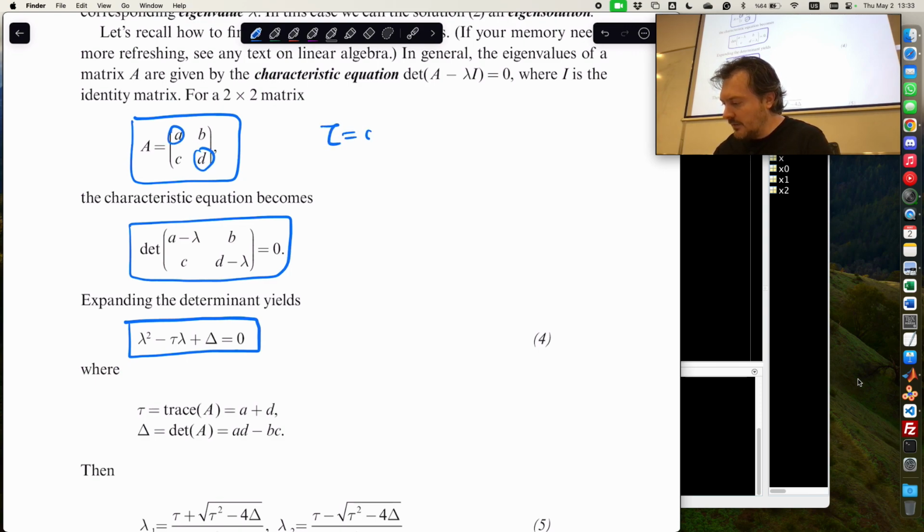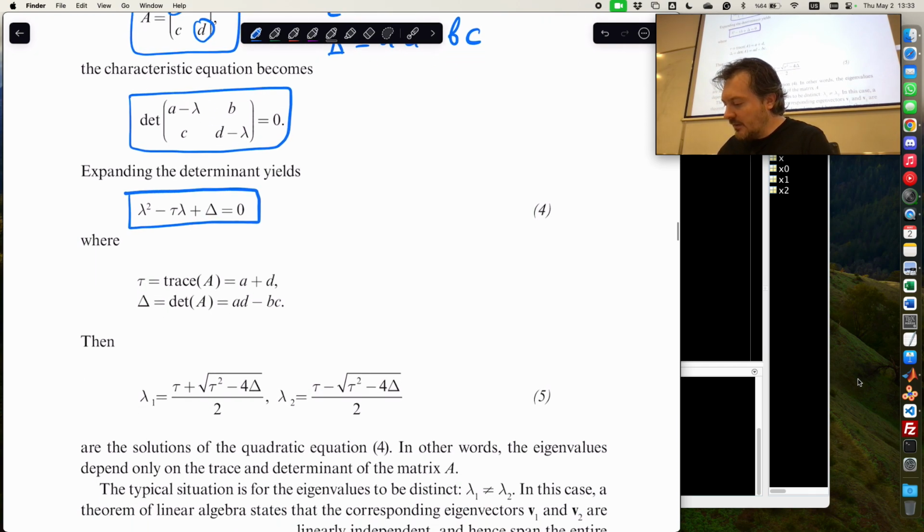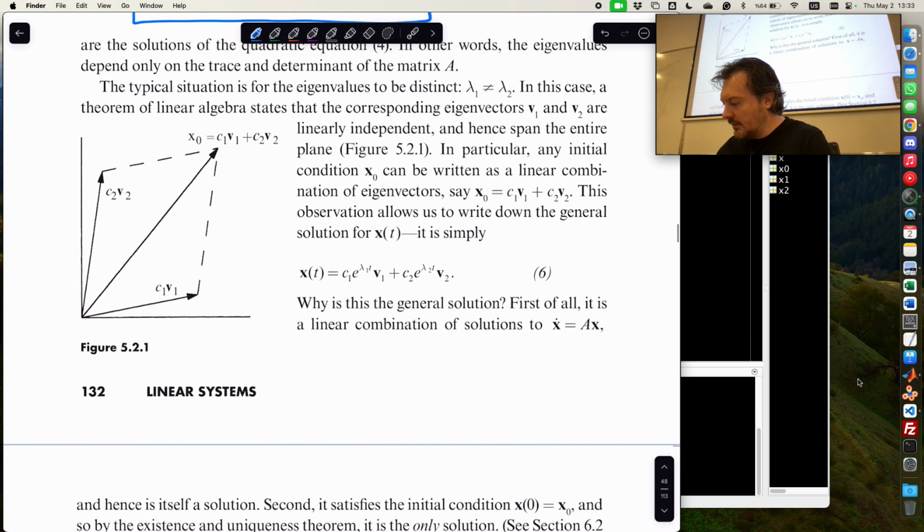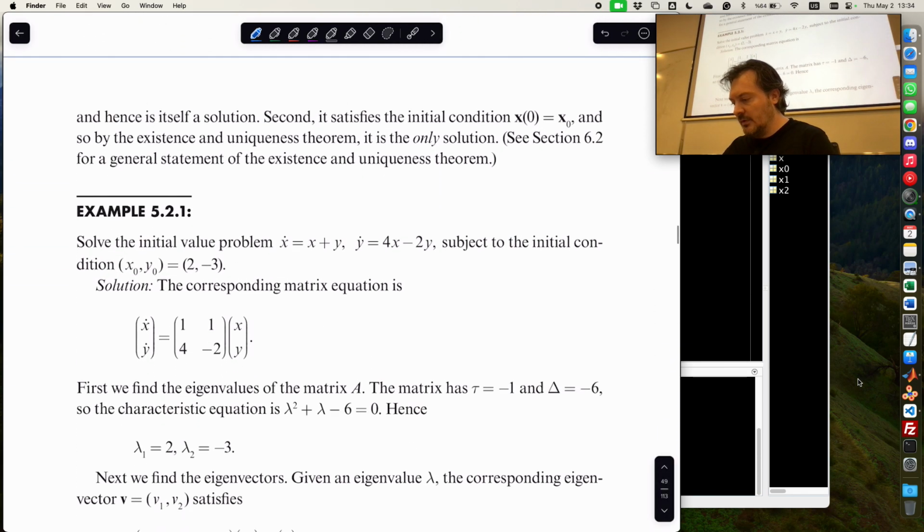So that's the trace. And the determinant is ad minus bc, right? And you can write down your solutions like so. Okay, very good. And the general solution looks like this. Do you have any questions, comments here? You remember this from the very first classes.